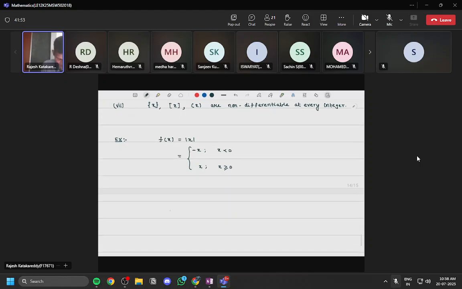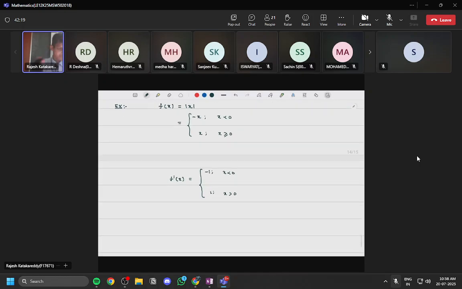Remember one thing, when I differentiate, I won't include the 0 here. Minus 1 for x less than 0, 1 for x greater than 0. I'll include 0 only if it is differentiable. I just did differentiation on both sides. Minus x derivative is minus 1, x derivative is 1. The change I made is that I didn't include 0 here.